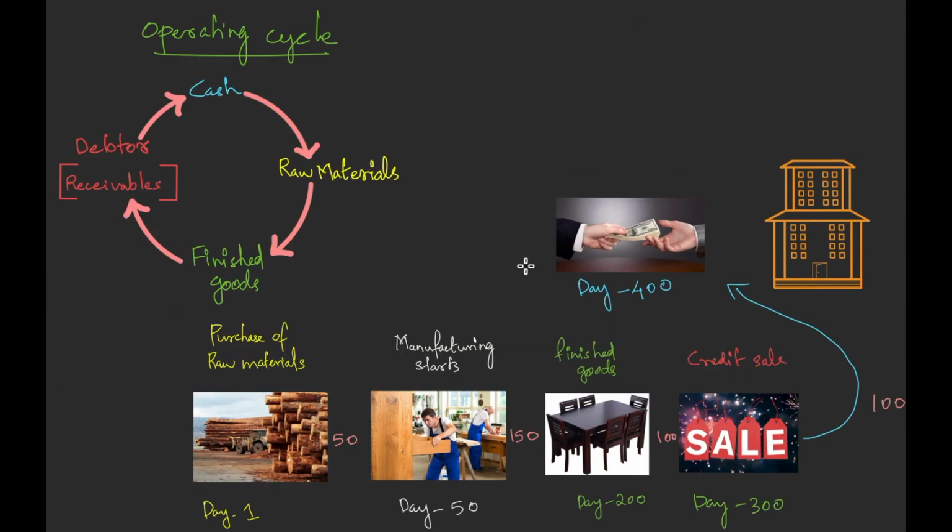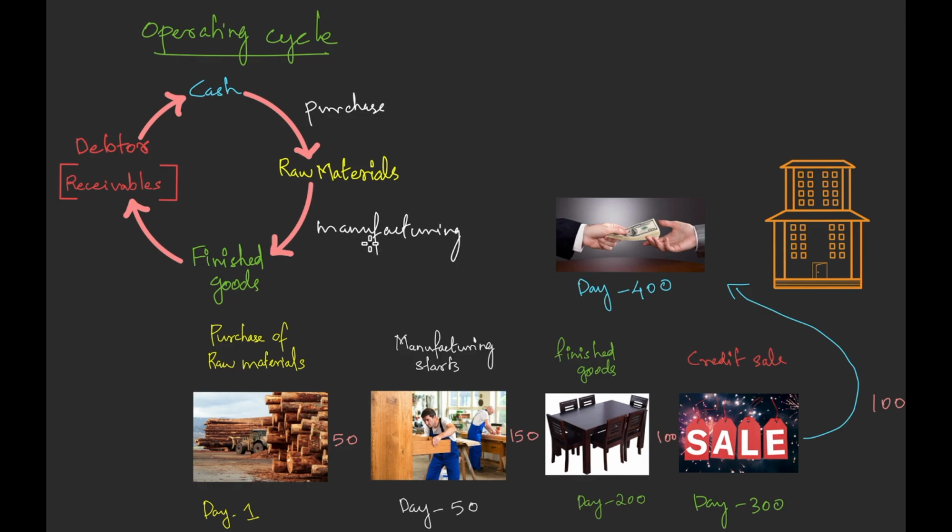Now we can illustrate the different operations done by the furniture manufacturing company like this. First, the company purchases raw materials by paying cash. The next process is manufacturing, where raw materials are converted into finished goods.